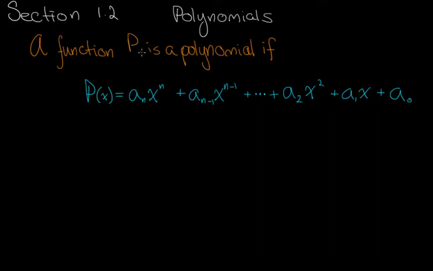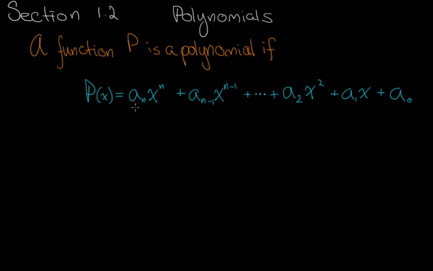A function p is a polynomial if p of x is equal to a_n x to the n plus a_(n-1) times x to the n minus 1 plus ... plus a_2 times x squared plus a_1 times x plus a_0, where a is a constant.